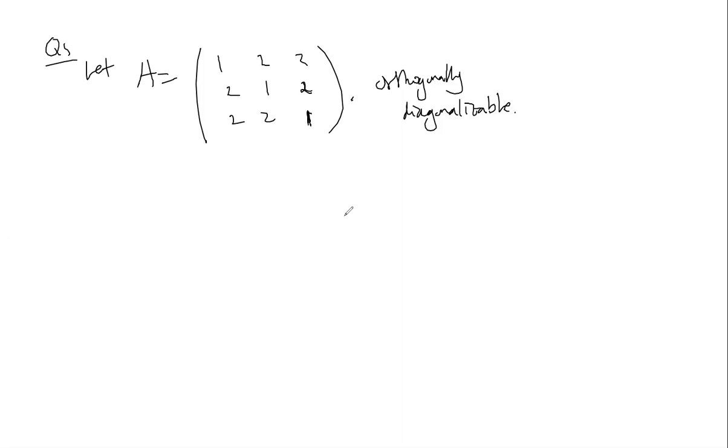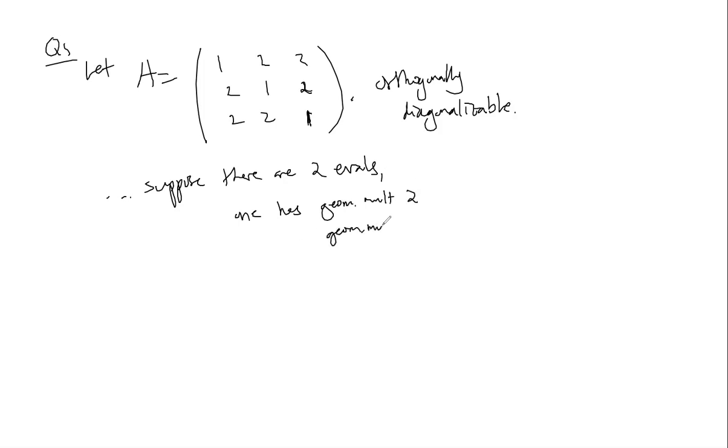But now you might have to do a little extra work at the end because I don't know what the eigenvalues of this are just yet, but let's suppose there are 2 eigenvalues. One has geometric multiplicity 2, and one has geometric multiplicity 1.